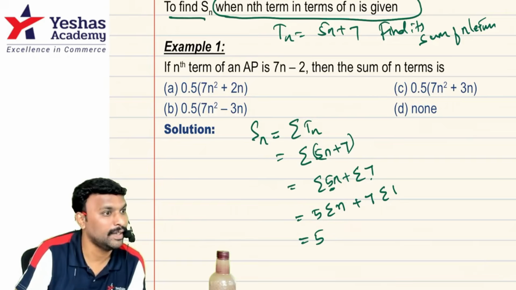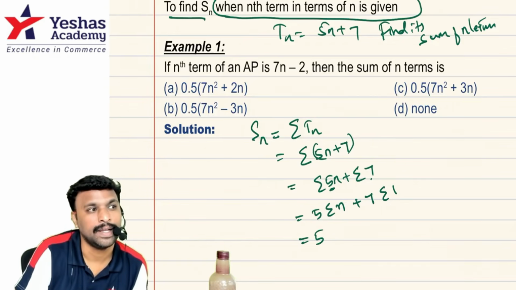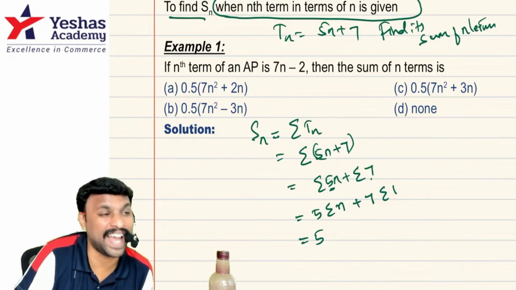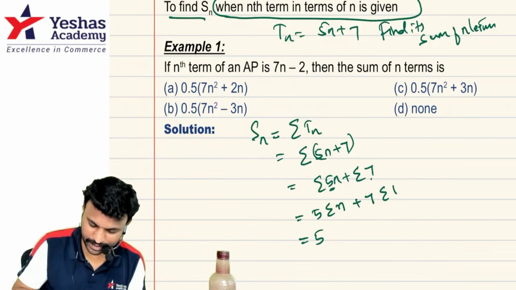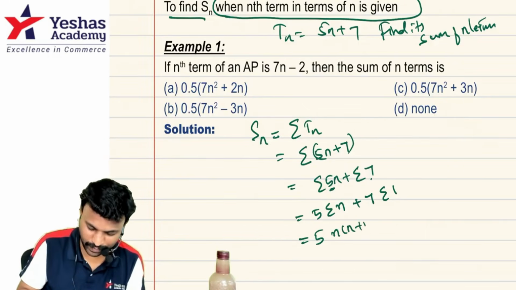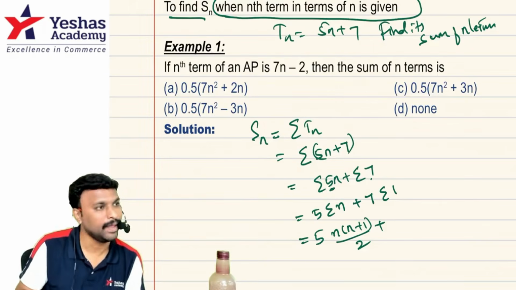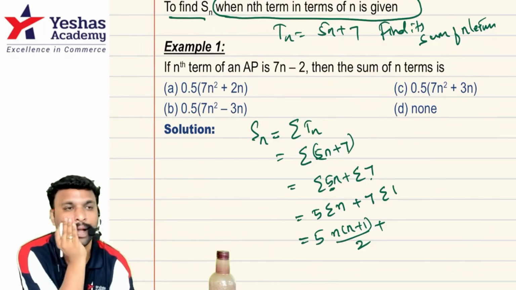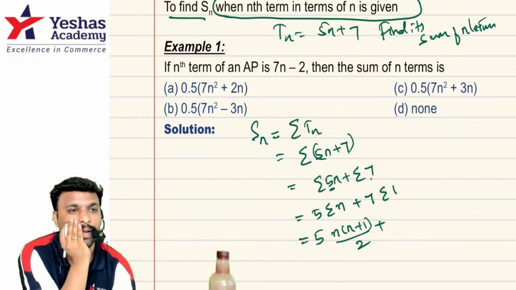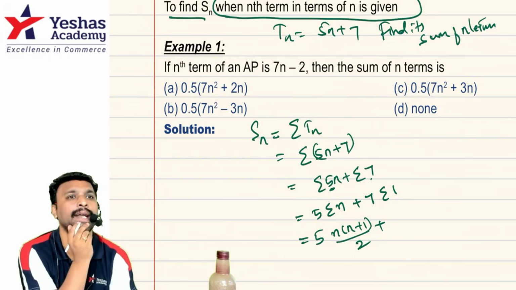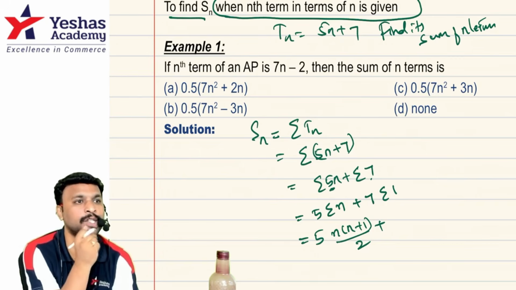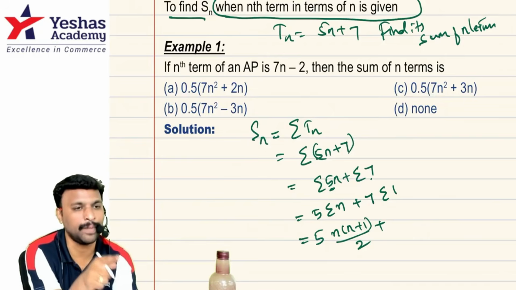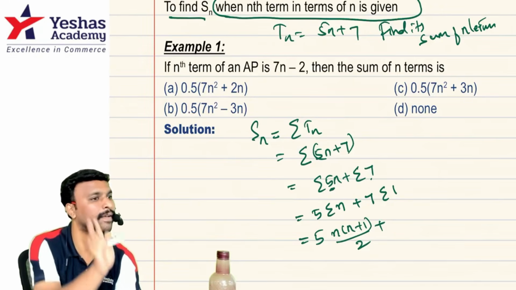I've given you this before. Summation n means the sum of first n natural numbers. What is it? n into n plus 1 divided by 2. What is summation 1? Anybody? Okay. If I give you 5 ones and ask you to add them, 1 plus 1 plus 1 plus 1 plus 1, how much? 5.